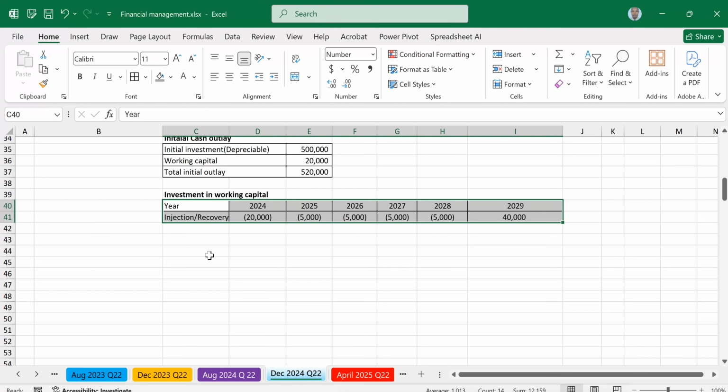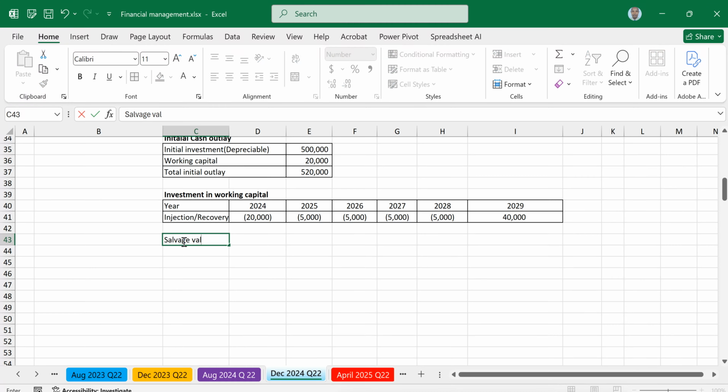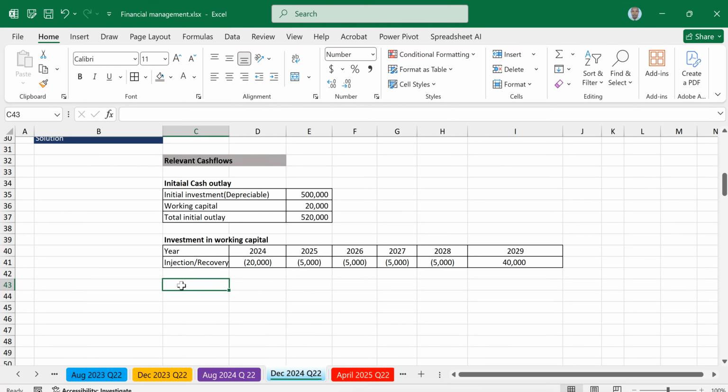The next item will be salvage value. Salvage value is the same as resale value.